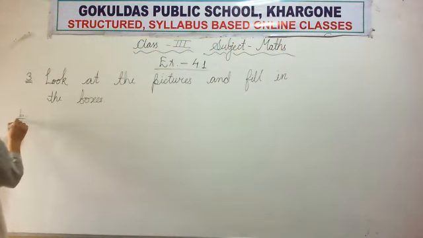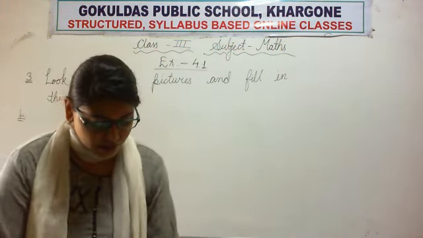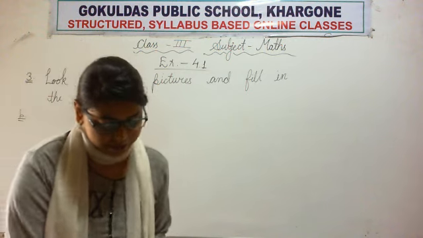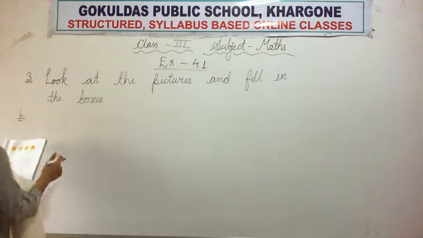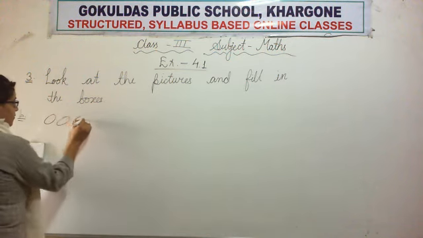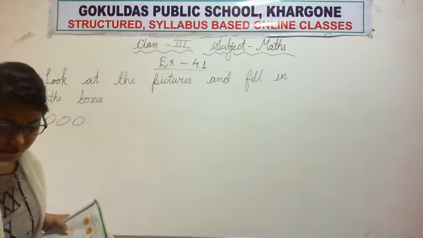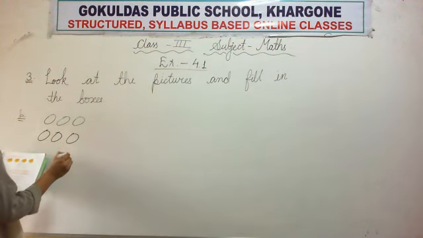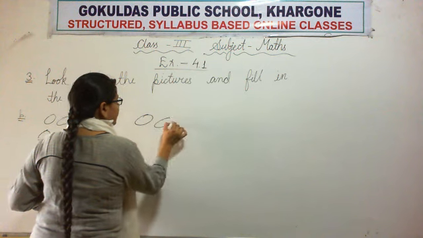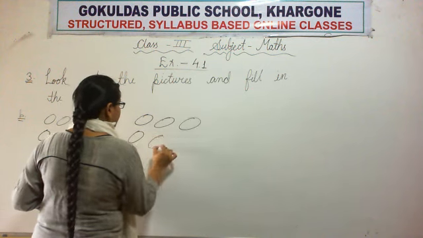So part B. Some eggs are there. So let me draw them first. Some eggs are given there in the question.